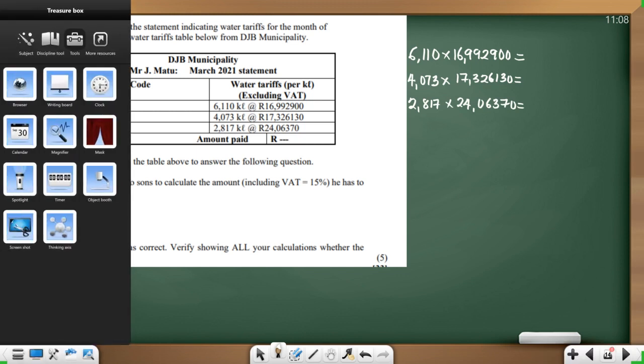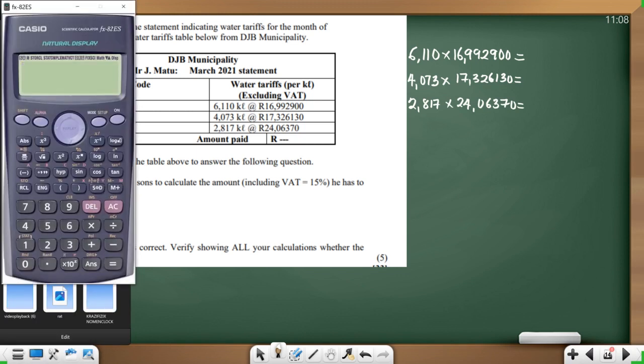This one is quite straightforward. 6,110 times 16.992. I hope you're also working it out with me. 992,900. What do we have? 103,826,619.